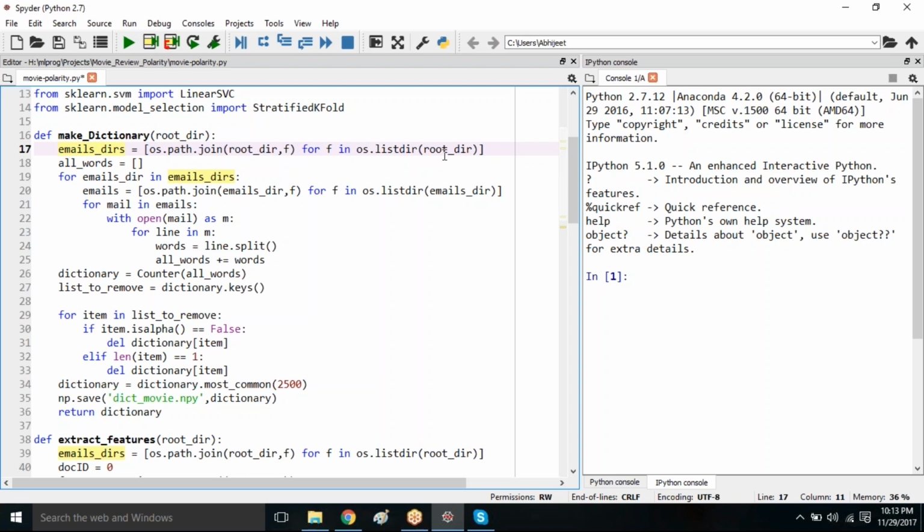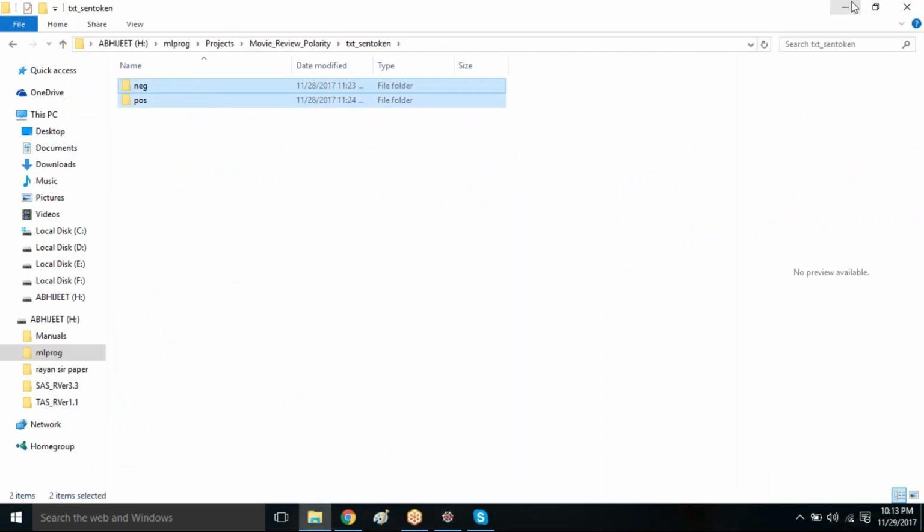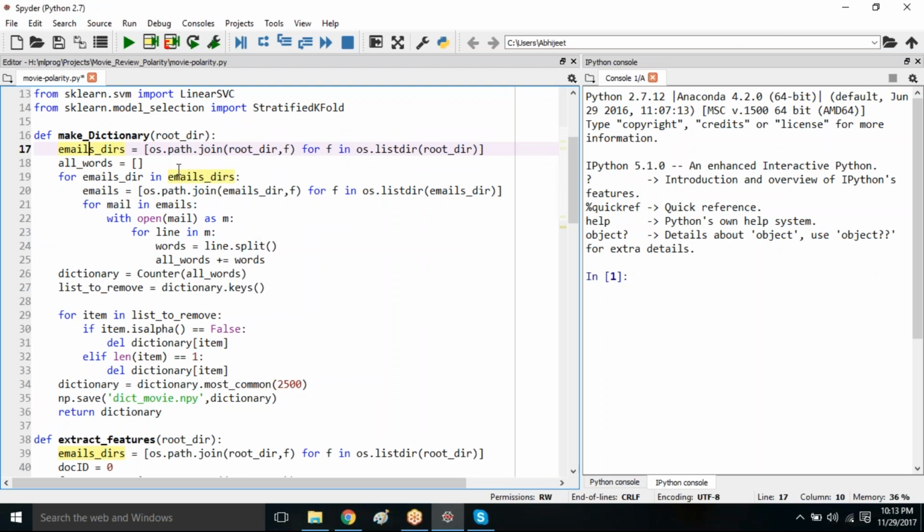It will list the pos and neg folders. The email dirs contain nothing but this positive and negative. Now for all such directories, you list that directory and tell me all the mails.